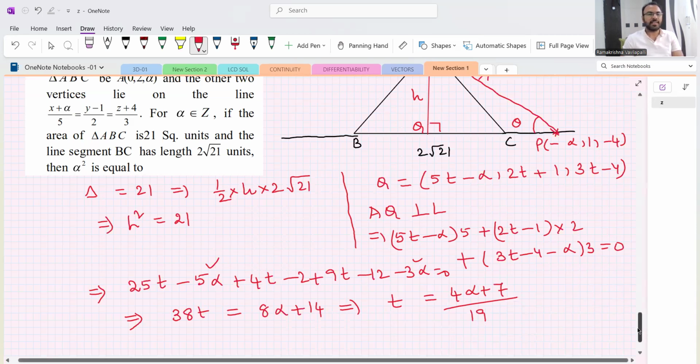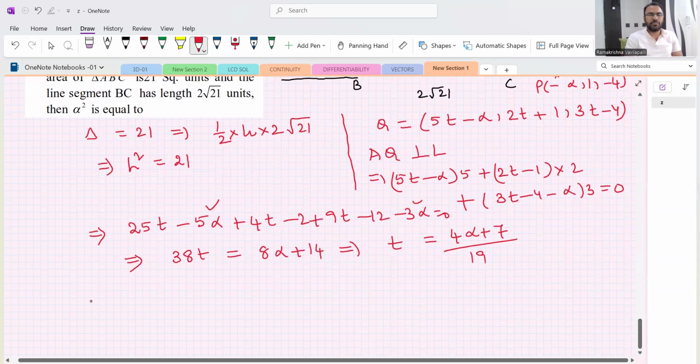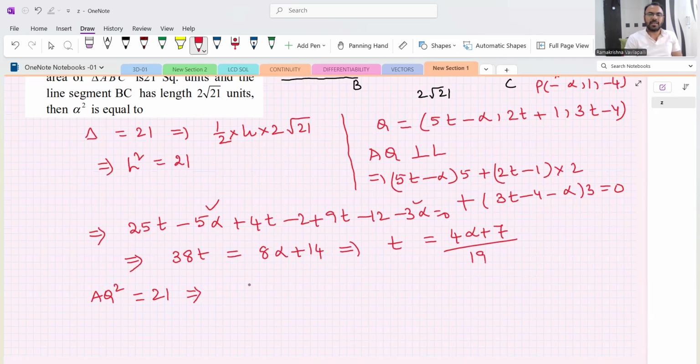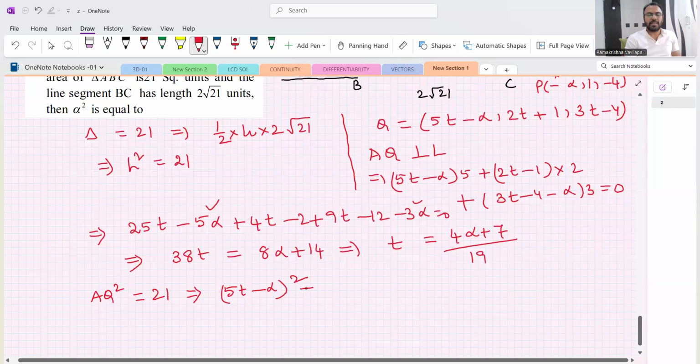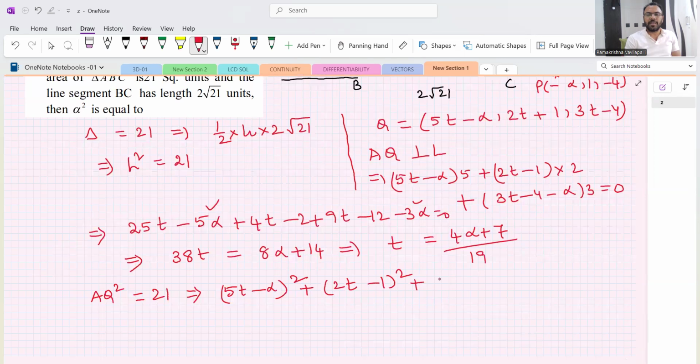So here given that AQ square is equal to 21. AQ square is equal to 21 is nothing but (5t minus alpha) whole square plus (2t minus 1) whole square plus (3t minus 4 minus alpha) whole square, given as 21.